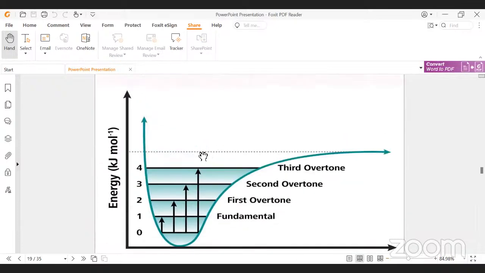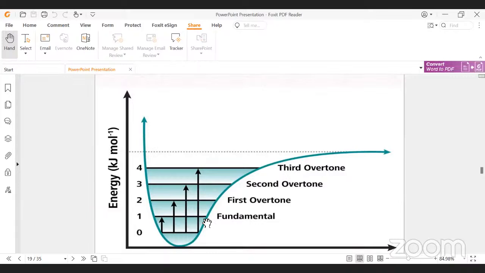This is the energy diagram for anharmonicity, the Morse curve, where zero indicates the ground state of the molecule, one the first excited state, two the second excited state, then the third excited state and the fourth excited state. Whenever we give some energy to the molecule, it may absorb the energy and the molecule goes to higher energy levels.